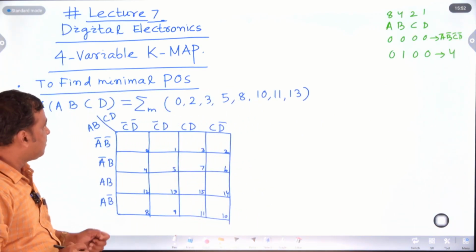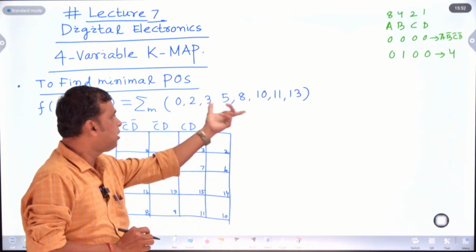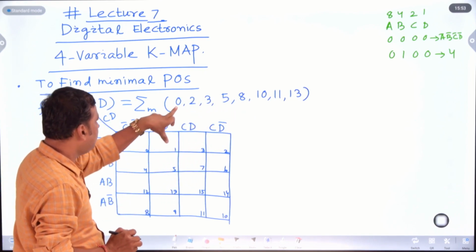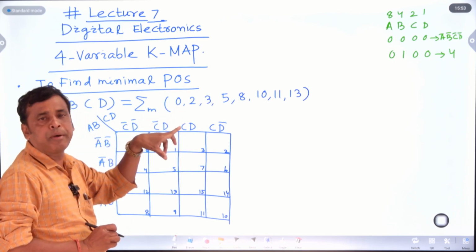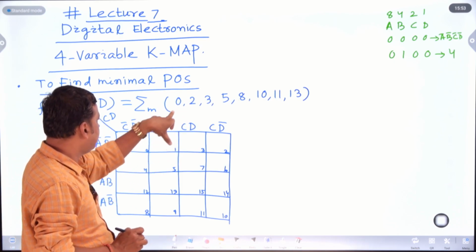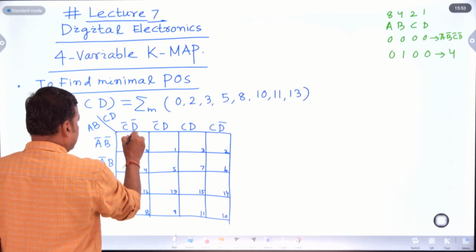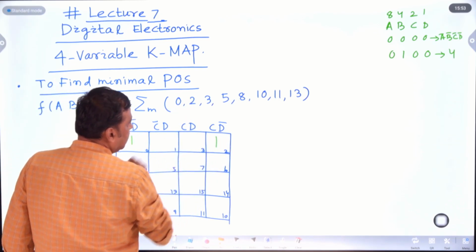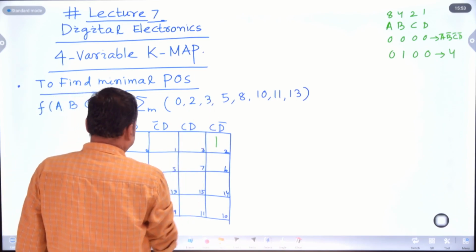So what do we do first? There are 8 min terms, and we have to put them in the respective squares. Min terms are represented by binary 1, so in position 0 we place 1 here. Similarly, where is 2? Here there is a min term. Where is 3? Here.